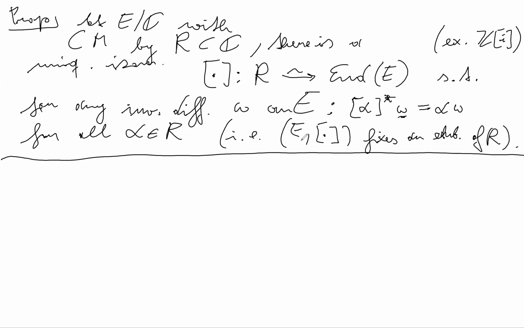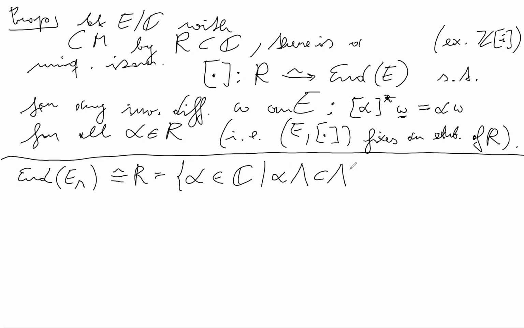Now, how do you actually see that this exists? Recall the endomorphism ring of E lambda, which should be isomorphic to R. If we look at the right side of this equation, you look at all the alphas in C such that alpha times lambda lies in lambda.